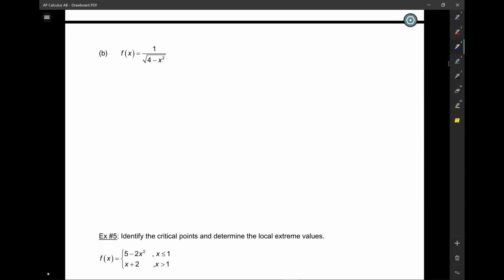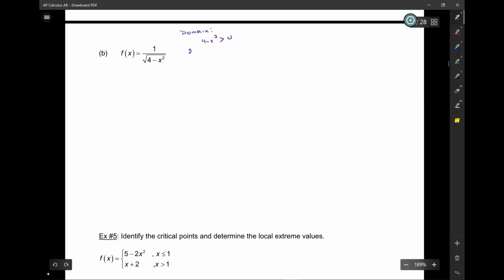First we have to figure out domain. So the deal with this is the denominator can't be 0 and the radicand can't be negative. So 4 minus x squared has to be greater than 0, right?